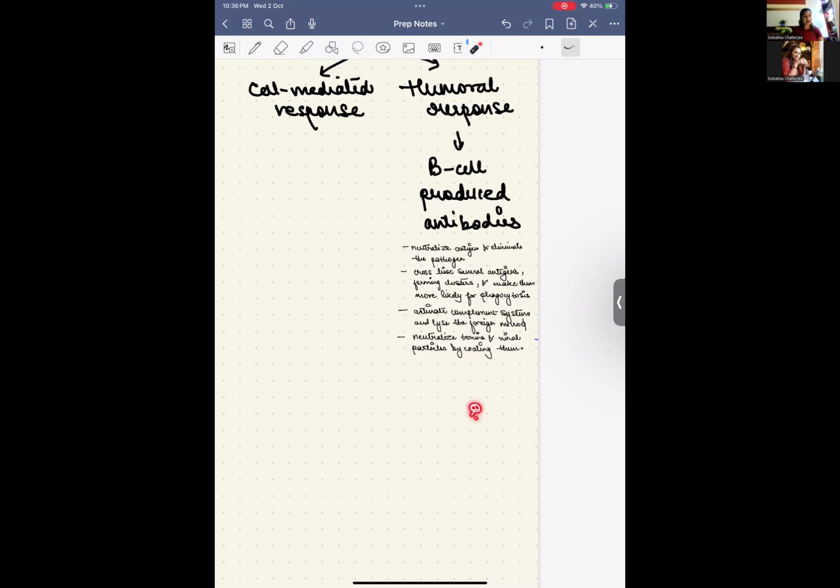So either some cells or some complement proteins have to bind to the Fc region of antibodies in order for any effective response to come from the antibody molecule, right?